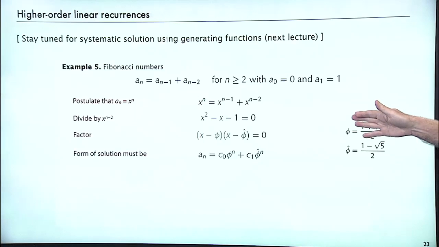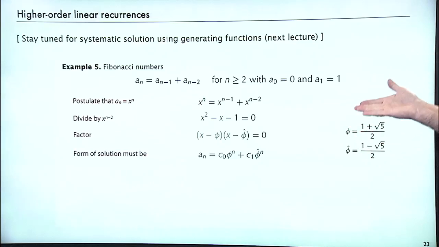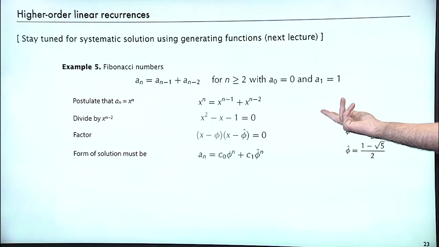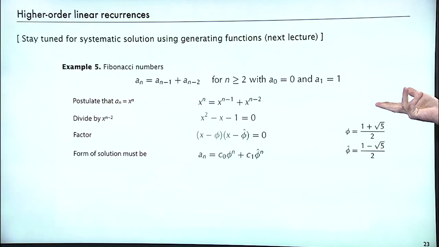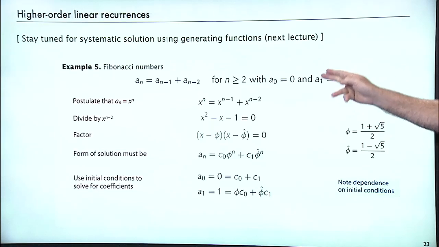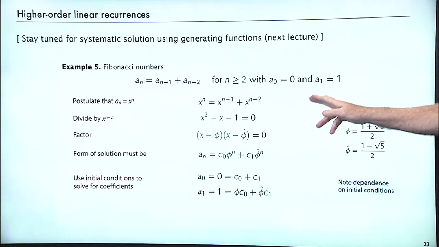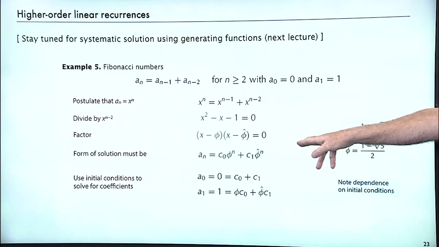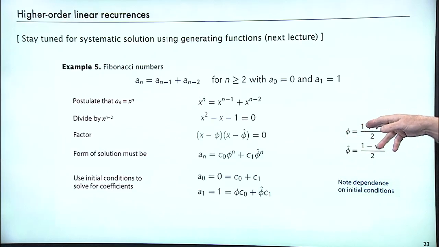So again, just as before, the solution must be a linear combination of these two terms, C0 times phi to the n plus C1 times phi hat to the n. And how do we find out those coefficients? Same way, we just plug in A0 equals 0. It has to be C0 plus C1, and A1 equals 1 has to be phi C0 plus phi hat C1.